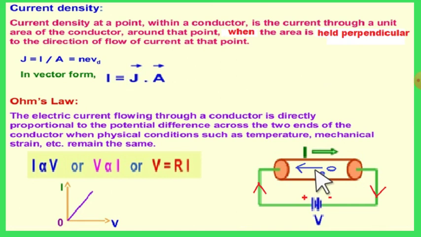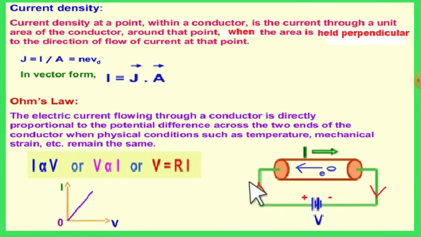Nature of the material means resistivity. For different materials like copper, the resistance will be different from that of another material like aluminum, even though the dimensions remain the same. Dimensions mean cross-sectional area and length, if they are kept constant.